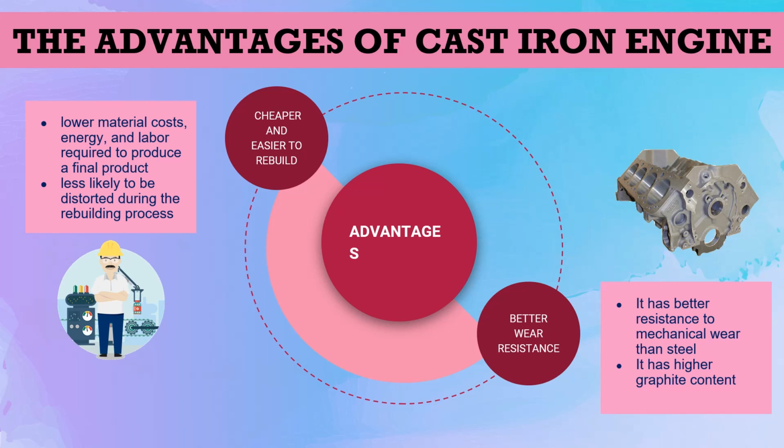The second advantage is it has much better wear resistance. Cast iron typically has better resistance to mechanical wear than steel, especially in friction wearing situations. Cast iron has good resistance to corrosion due to the microstructure components such as graphite and phosphide eutectic, and the tough surface can form as the casting is cooled.